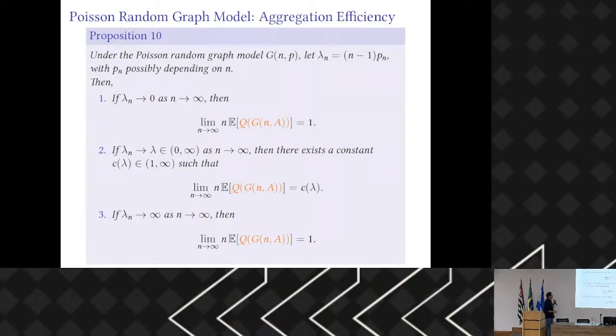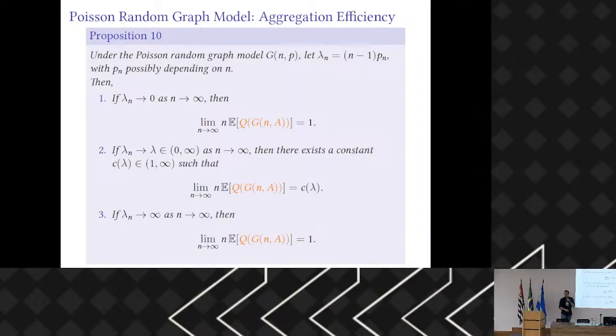Then what happens here under the Poisson random graph model? So let's say that the average degree is this one here, lambda over n. Okay. Then I have 3 regimes. In one, it is sparse, so the average degree goes to 0. So it means you're going to a sparse network. In another, the average degree diverges.